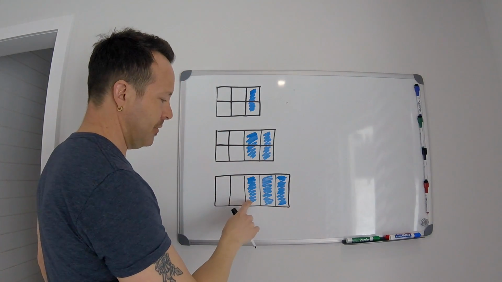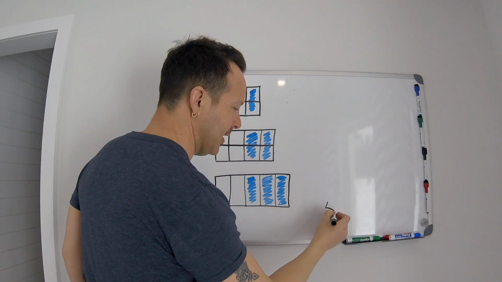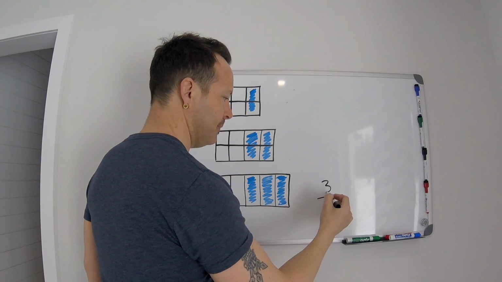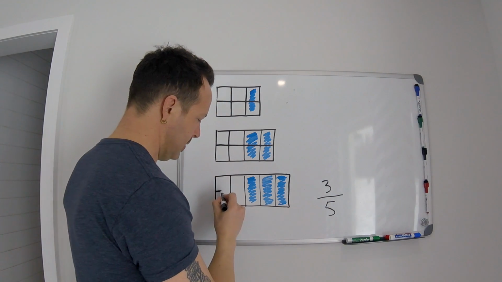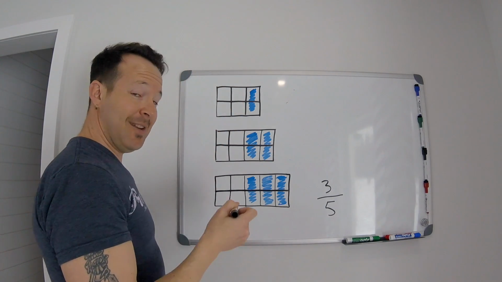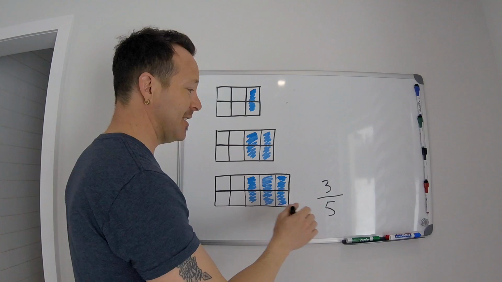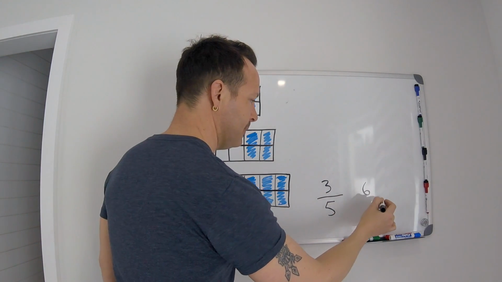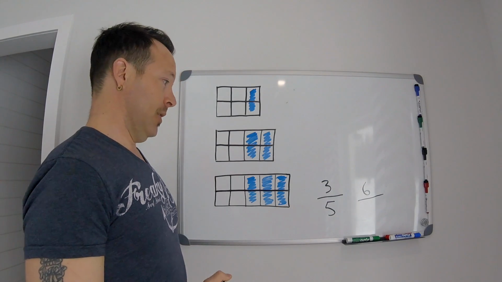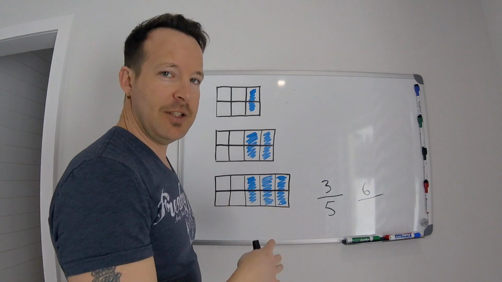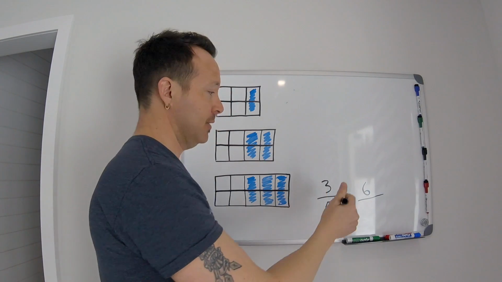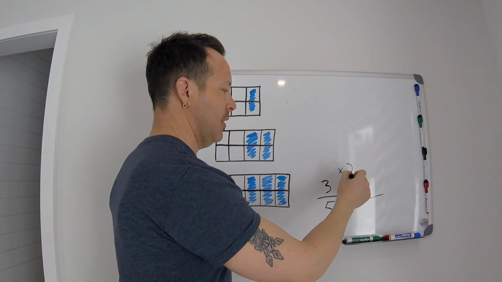This fraction is 1, 2, 3, 4, 5, so 5 is my denominator, and I have 3 of those pieces shaded in. And I'm going to cut this cake again in 2. So now 1, 2, 3, 4, 5, 6 pieces are shaded in. What do you think our denominator is going to be? Well, instead of counting it, let's just do the math. 3 times what equals 6? 3 times 2.